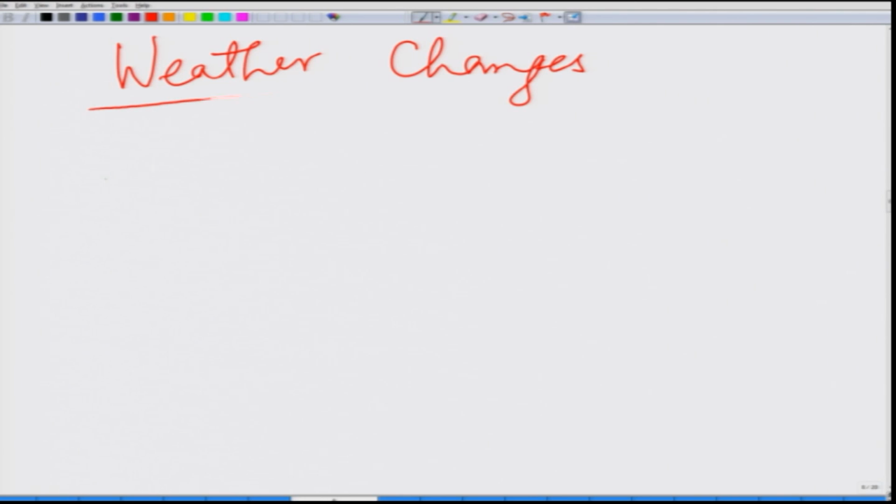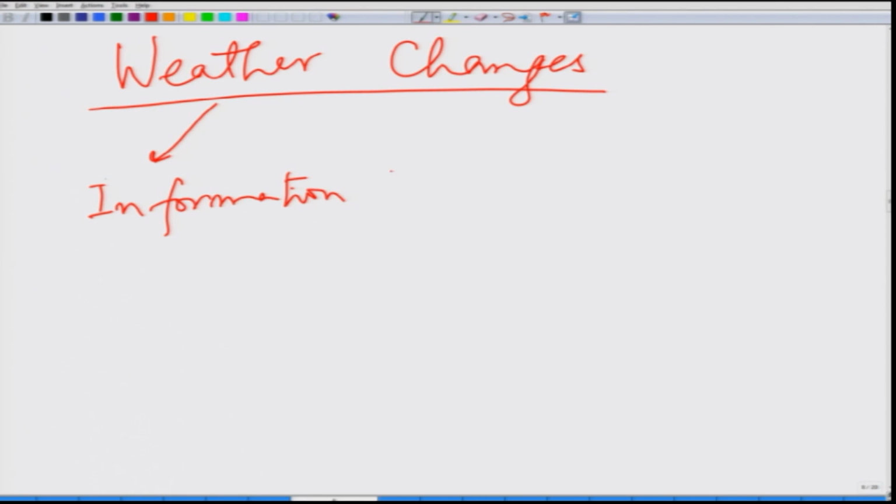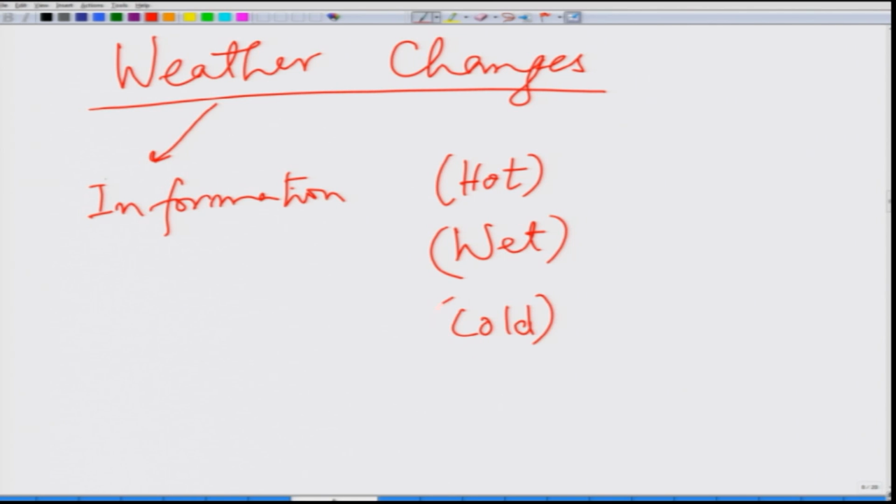Now again here, weather can start off with an information which can be hot, can be wet, can be cold. Now all of these are different sets.